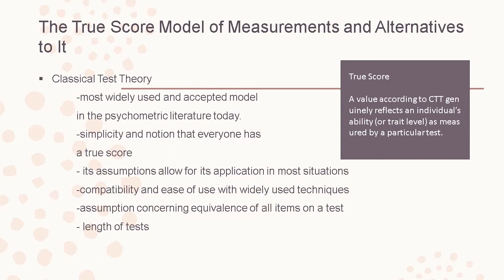Its assumptions allow for its application in most situations, compatibility, and ease of use with widely used techniques. The disadvantages of CTT is its assumption concerning equivalence of all items on a test and the length of tests. Assumptions inherent in CTT favor development of longer rather than shorter tests.